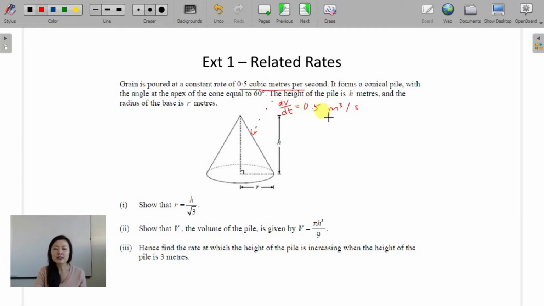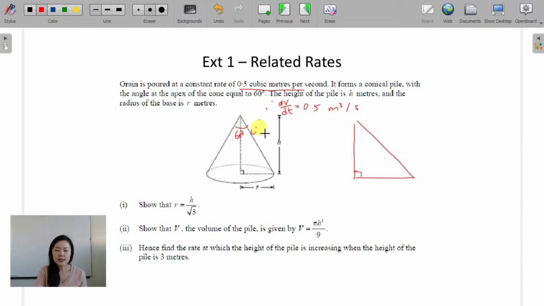That's how you work out what this is. It forms a conical pile with an apex angle of 60 degrees. The height is h, the base radius is r. First of all, if I cut out that triangle, right?